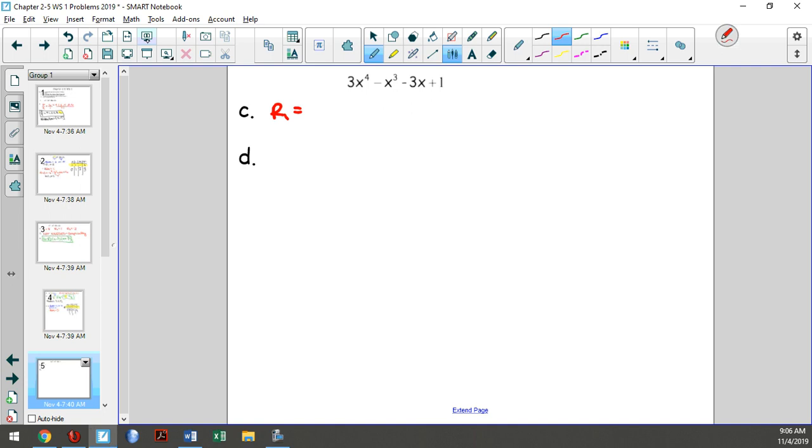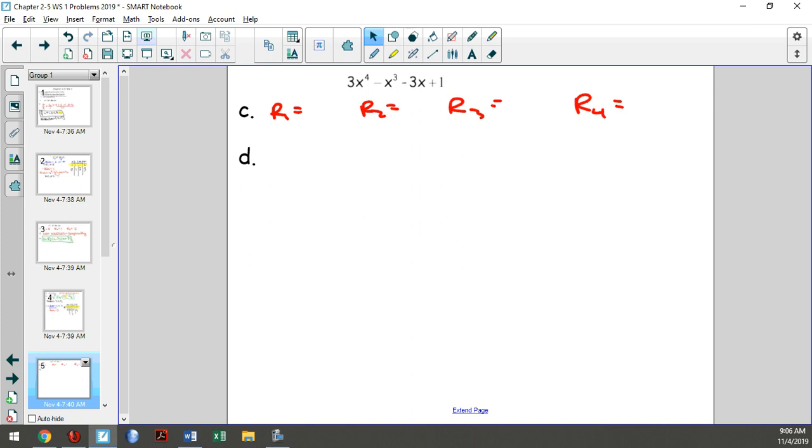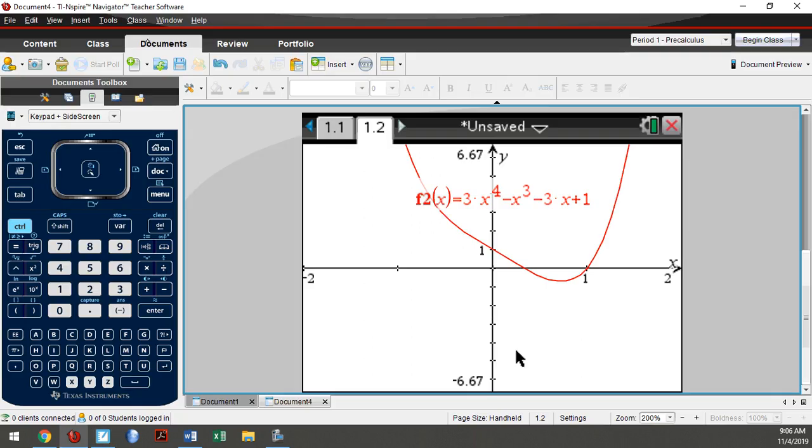Root 1, root 2, root 3, and root 4. Do you see how I'm putting all 4 roots up there? Because I have to find them all, don't I? So I'm going to go back to my graph and I'm going to find them. And I'm only going to be able to find 2 of them because those are the only 2 I can visibly see, correct? And the other 2 have to be imaginary.